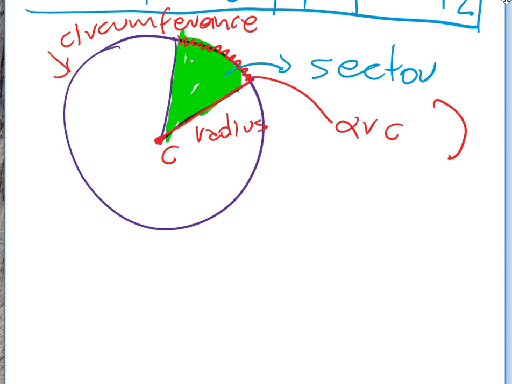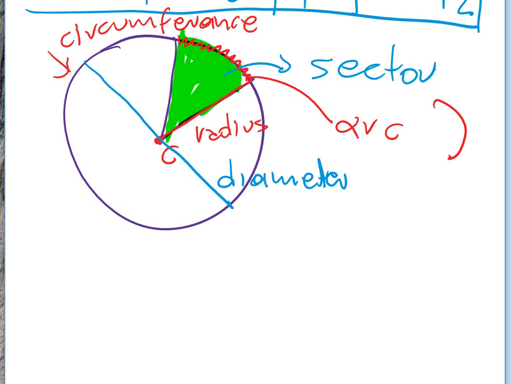Usually when I have a line going across, this is called a diameter. Okay.